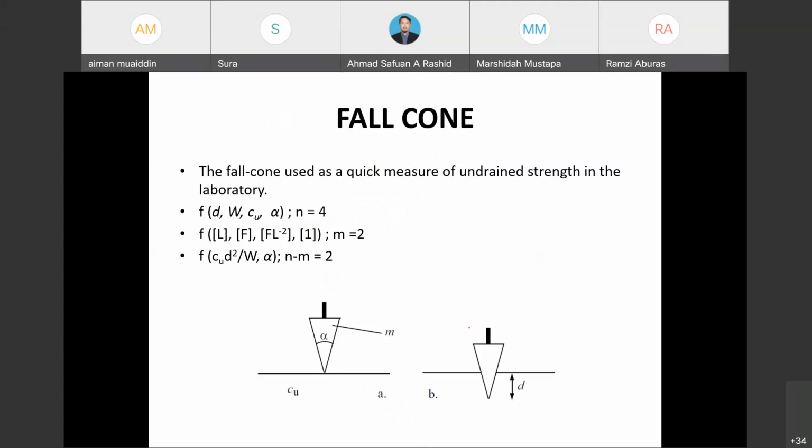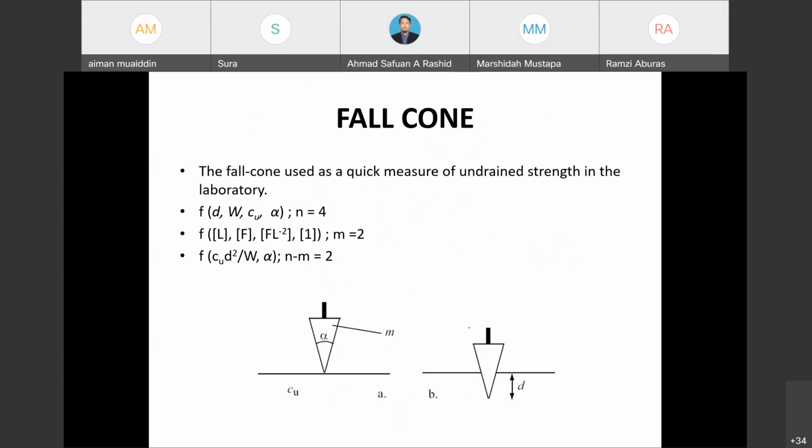Okay, the four-cone method. The four-cone is used as a quick measure of undrained strength in the laboratory. Although the four-cone method is normally used to determine the liquid limit for a soil, it can also be used to determine the undrained strength at lab scale.